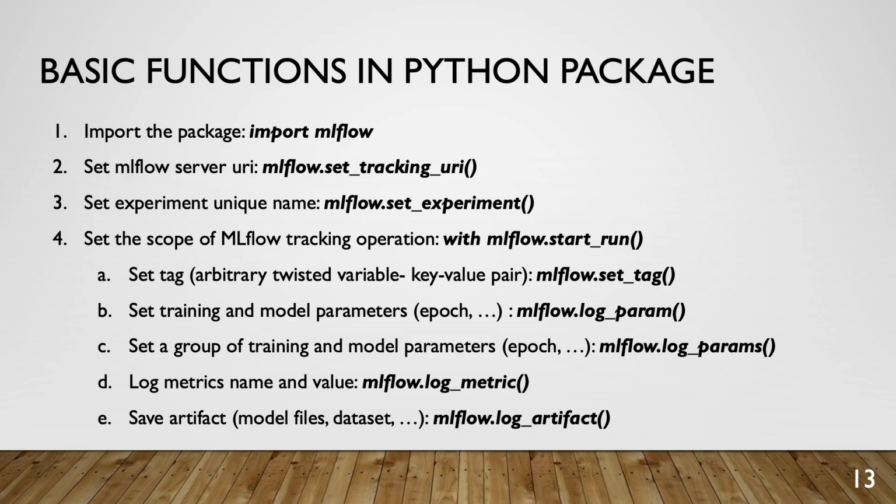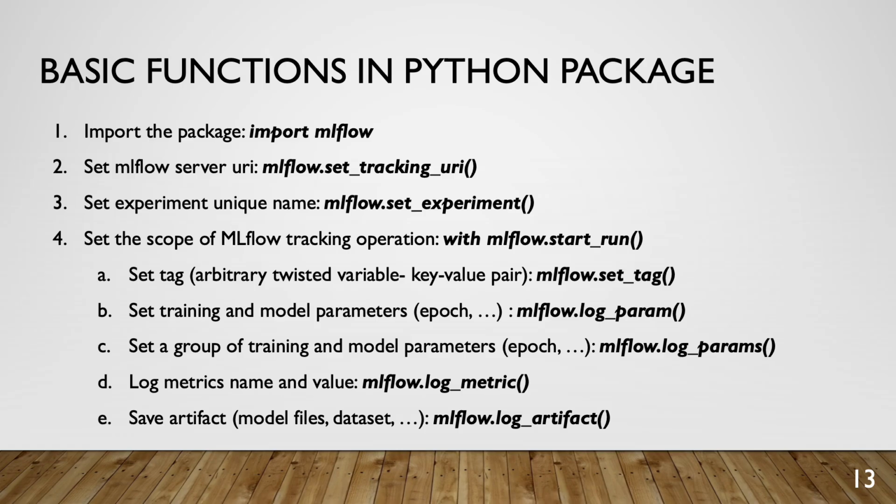Before going to the programming environment and showing how MLflow tracking works, I would like to review the basic functions that we need in our Python code. First one is import mlflow. The second one is setting the MLflow server URI. And then we can give a name to our experiment using mlflow.set_experiment.